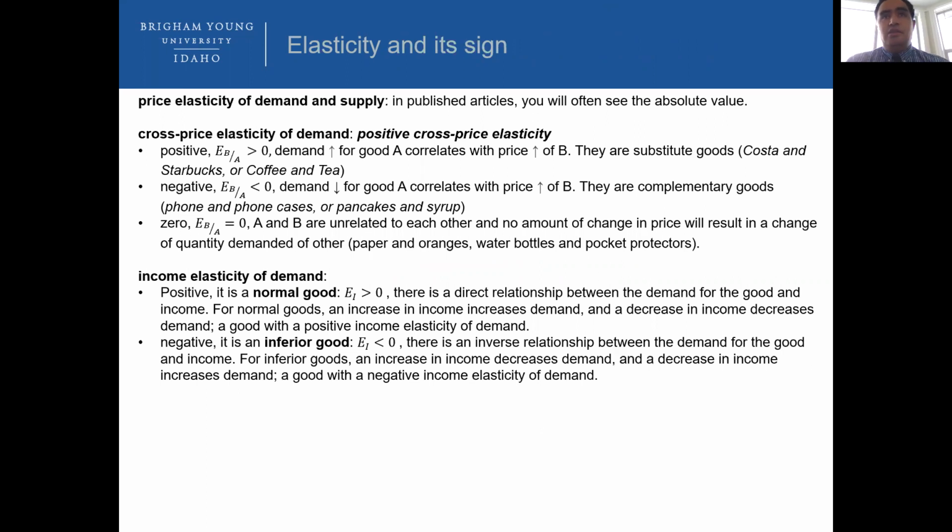For the cross price elasticity of demand, if it's positive, they're substitute goods. If they're negative, they're complementary goods. If it's 0, they're not related to each other at all. Income elasticity of demand, if it's positive, then it's a normal good. If it's negative, we would see it as an inferior good.